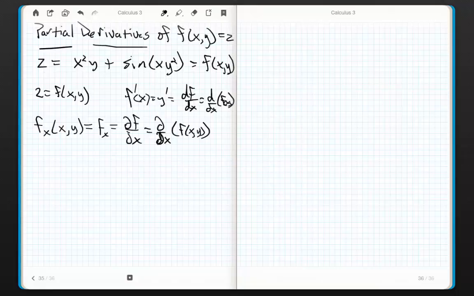Now, we're going to get into some anachronistic notations as well. Sometimes you'll see this as dz over dx. Since z equals f of xy, we could say the partial derivative of z with respect to x. Sometimes you'll see this as f sub 1. Sometimes you'll see this as d1 of f. Sometimes you'll see this as dx of f.